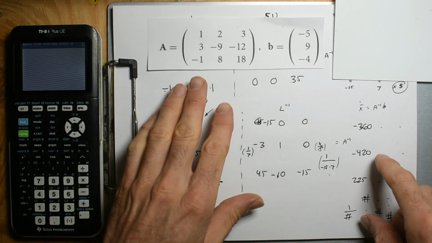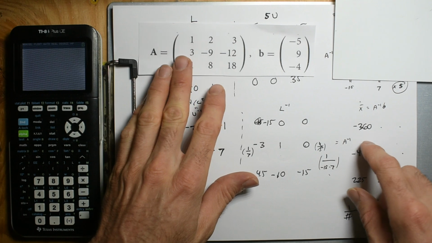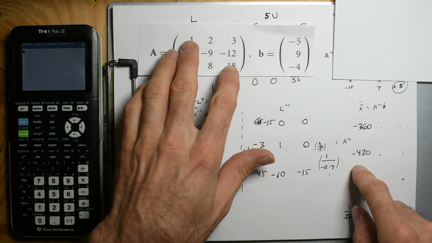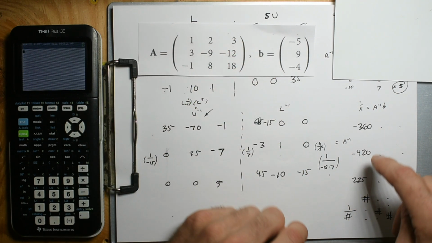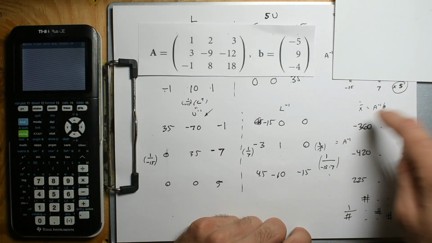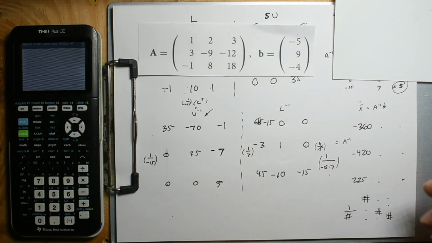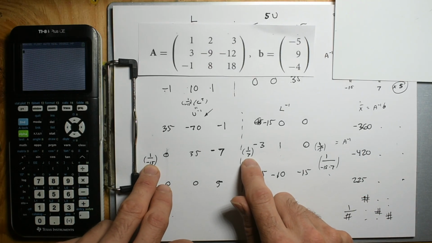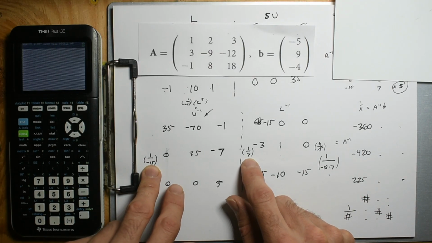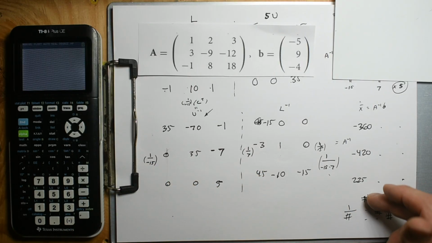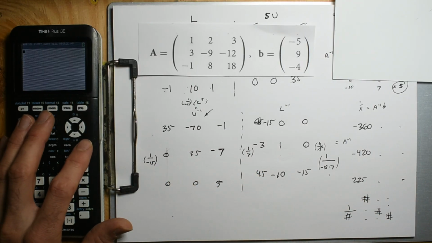One, I'm going to double check this run through. A times inverse A, the first row, first column, should give me this value in the identity, where after dividing by negative 15 and 7, that should be 1. But we're just off by a factor of 5.